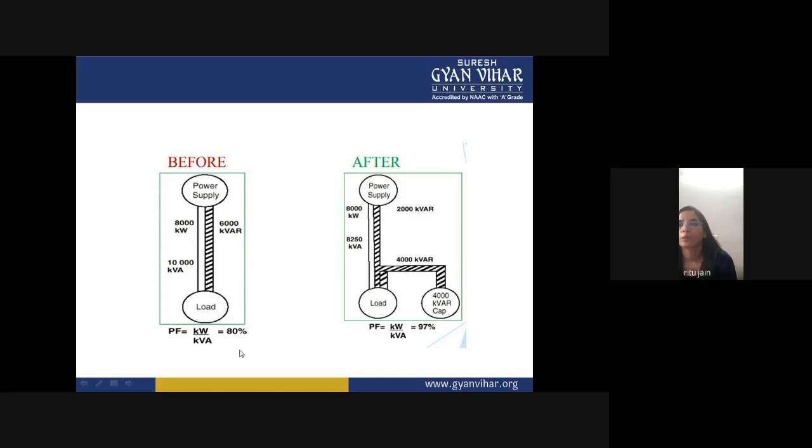If you want to improve the power factor using a capacitor, you can use a capacitor of 4000 kVAR. You can see that after using this capacitor, the kVAR rating comes down from 6000 to 2000 kVAR, and the power factor becomes 97%, which is kilowatt upon kVA.